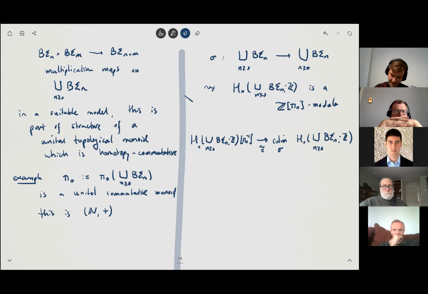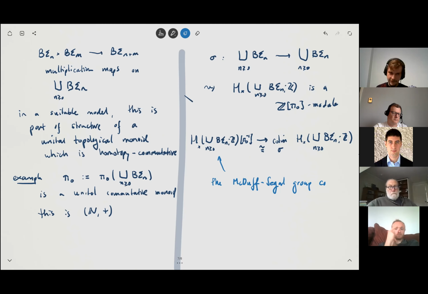And the point now is that the McDuff-Segal group completion theorem tells you how to compute this. And what it says, roughly, is that you could have inverted pi 0 on the inside of homology. Of course, you have to make that into a precise statement.